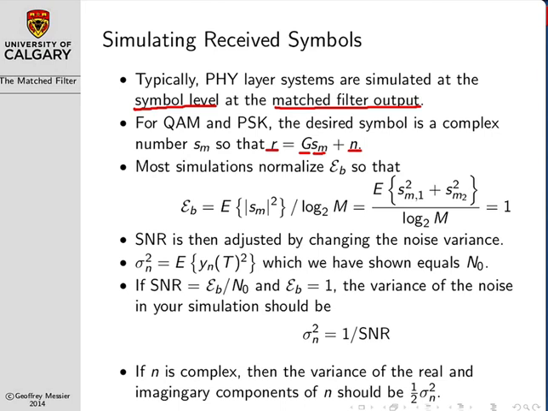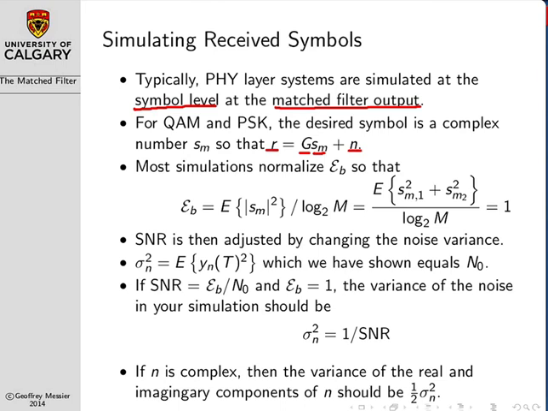The reason we do that is because most physical layer systems designers won't know exactly what signal to noise ratio we're operating at, because signal to noise ratio will change depending on the attenuation of the channel, how far your wireless system is transmitting, or how long your cable happens to be. And so rather than trying to anticipate signal to noise ratio, we usually simulate over a range of signal to noise ratio values. Most physical layer communications simulations will have some kind of a for loop that will determine bit error rate for a range of signal to noise ratio values.